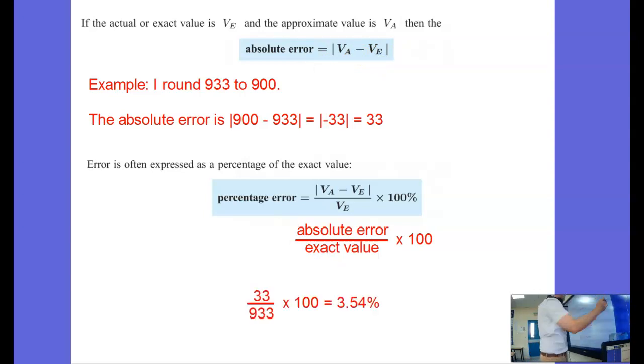In our case, we've got 33 as our absolute error, divided by the exact value, 933, and then times by 100. In this case, it would be 3.54%. So that is the calculation we do to find the percentage error. We find the absolute error by subtracting, divide it by the exact value, times by 100.